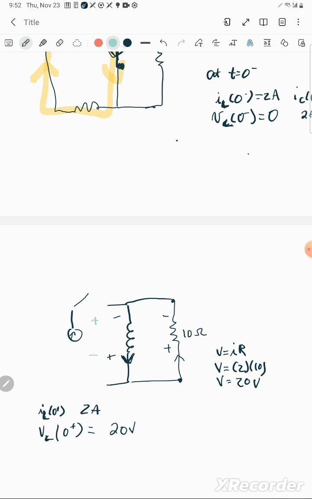Okay, so we know IL of 0 minus equals IL of 0 plus equals 2 amps. And VL of 0 minus equaled 0 volts. And VL of 0 plus equals 20 volts.